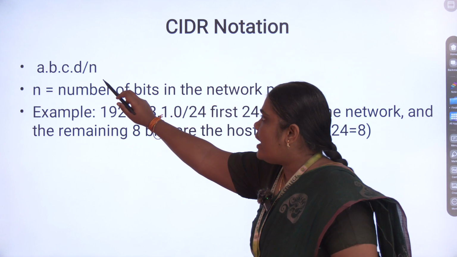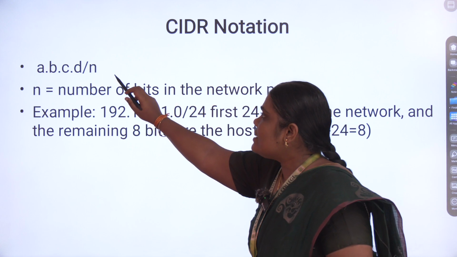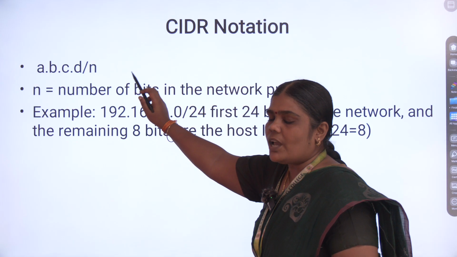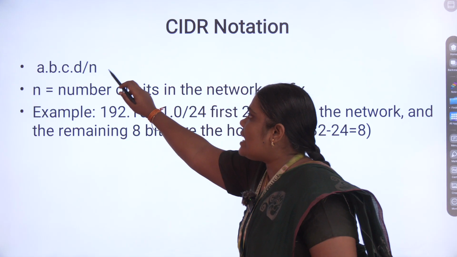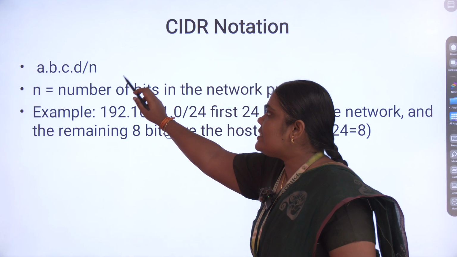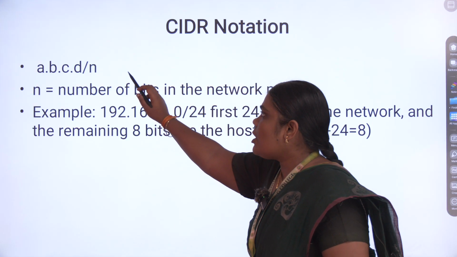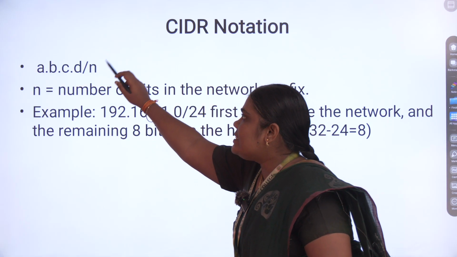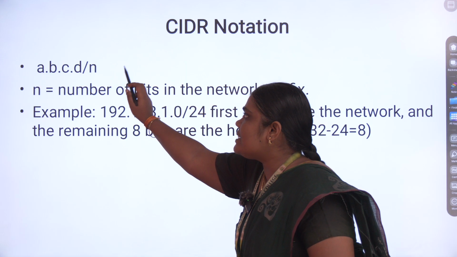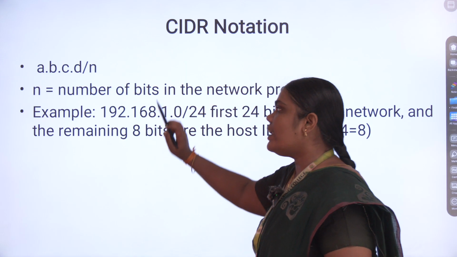This 4 8-bit octet IP address has some network ID, or it points to some network. That is represented by /n. /n is nothing but the CIDR notation. This notation always starts with a slash followed by the prefix length. After the slash, whatever is coming denotes the network ID or network bits.